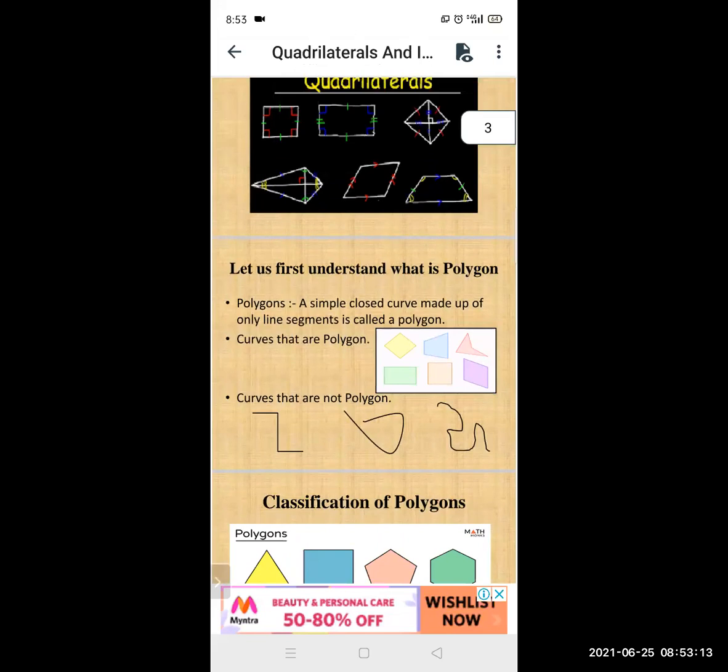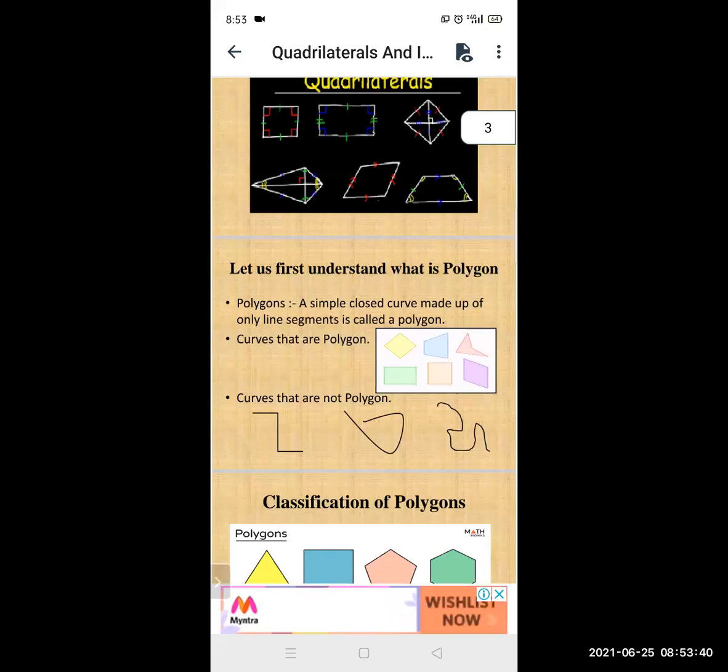Closed curve means it is closed from all sides and made up of sides. It is not made up of a circle or ellipse or hyperbola. It does not have a circular shape. A closed curve completed by using line segments is called a polygon.